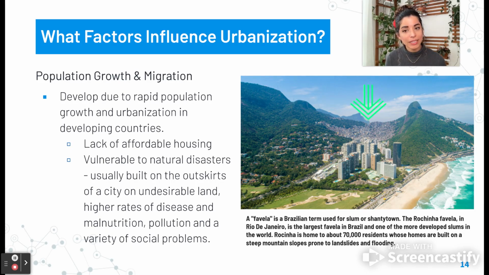So we see this happening in developing countries that are growing quickly, that just cannot build affordable housing or cannot build out their infrastructure quickly enough. It makes them vulnerable to natural disasters and also higher rates of diseases and issues like that. So favela, that's a Brazilian term. Here we see Rio, and this is the main city area. And right up here, we have some of their favelas or slums.